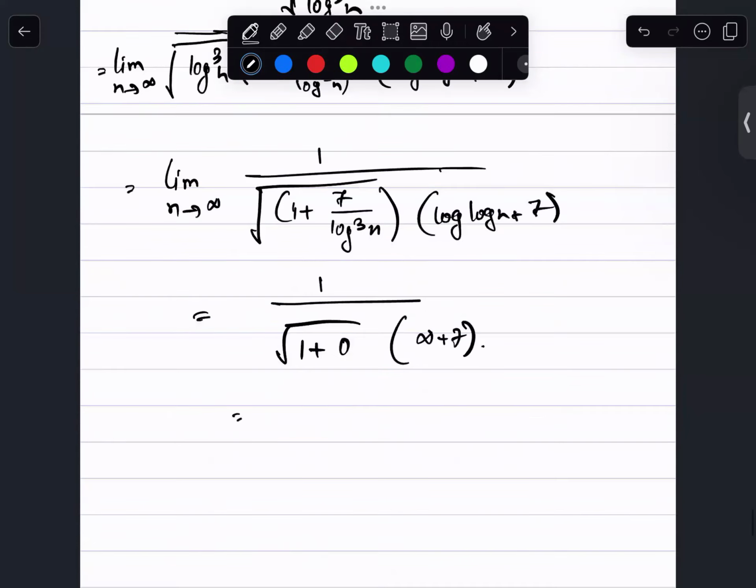So this is sort of like 1 over infinity, which is 0.